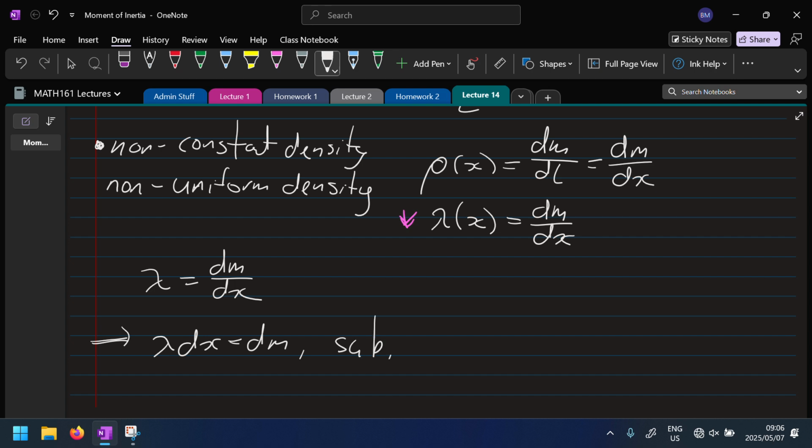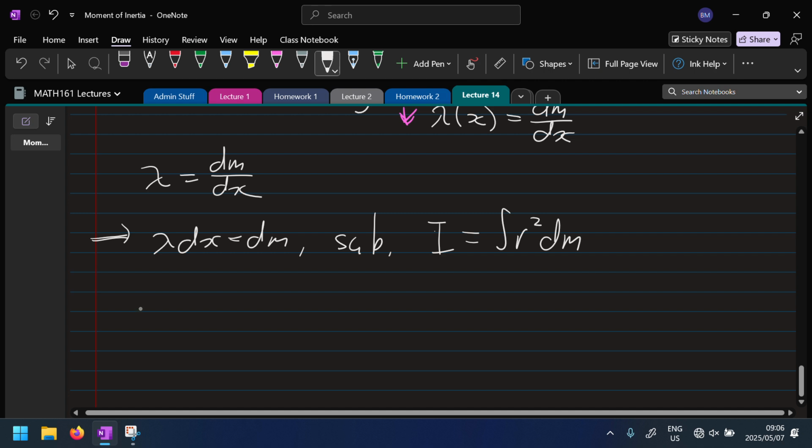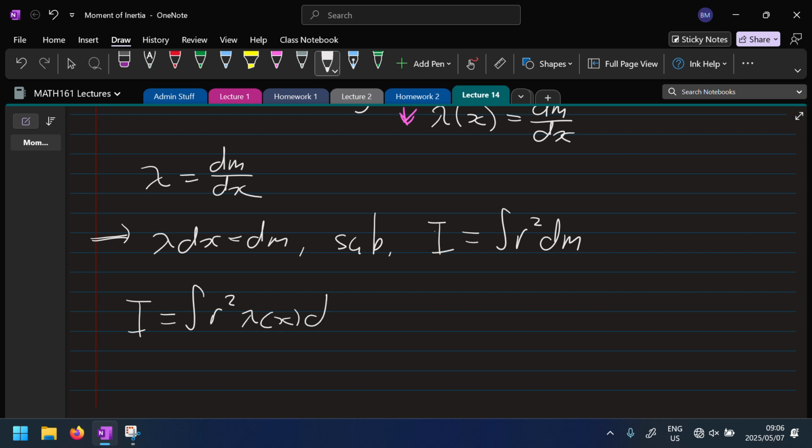And we're going to substitute this into the same equation we had before: I equals the integral of r squared dm. But now the dm is lambda dx, so we can just substitute that in. That will be the integral of r squared lambda of x dx. So that's what we use in the one-dimensional case.